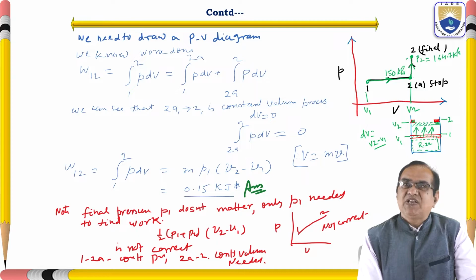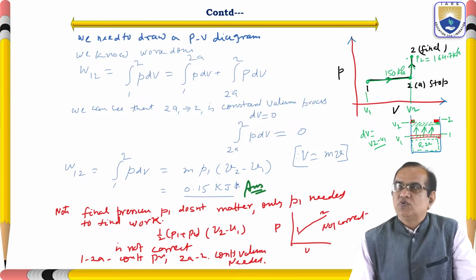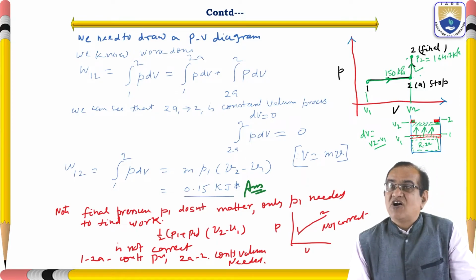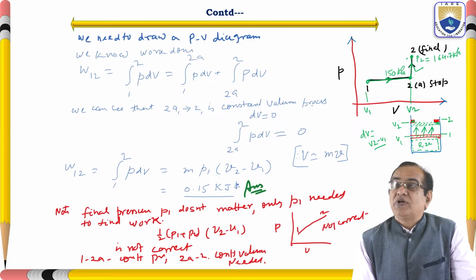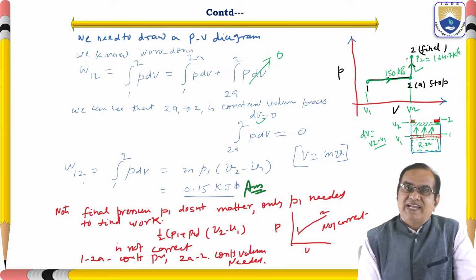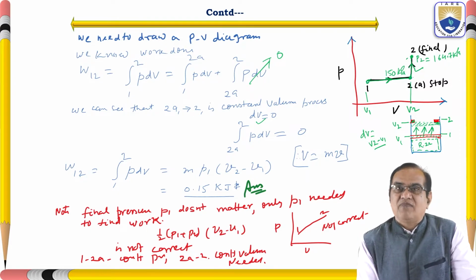We can see here that 2A to 2, this process, is a constant volume process, so dV is equal to 0. So we can write that the work done from 1 to 2 is equal to the integral of PdV from 1 to 2A.